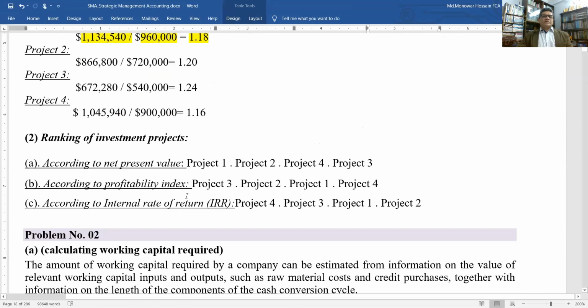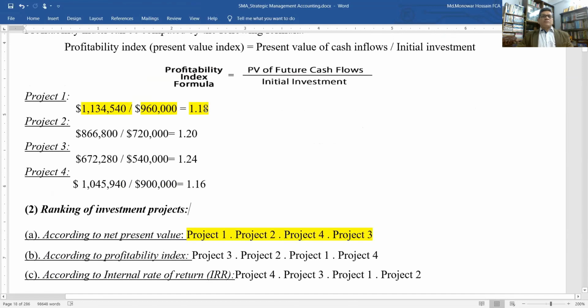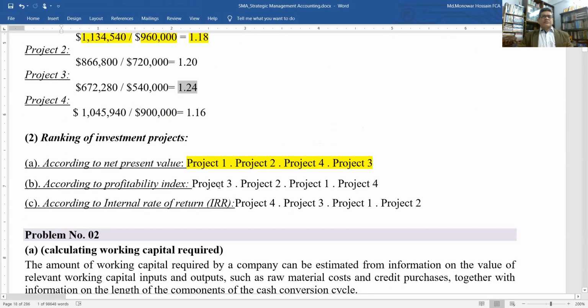So the order is projects 1, 2, 4, 3. Clear? Then according to profitability index, the highest is project 3, so project 3 is number 1, then project 2, then project 1, then project 4.